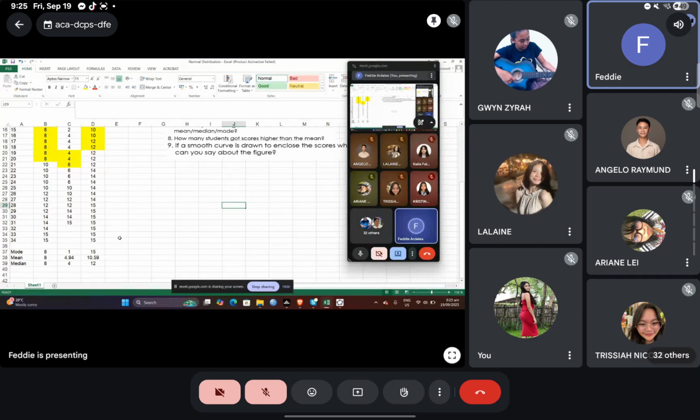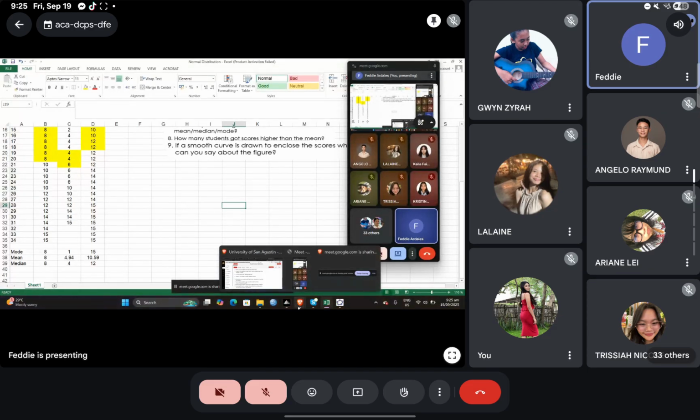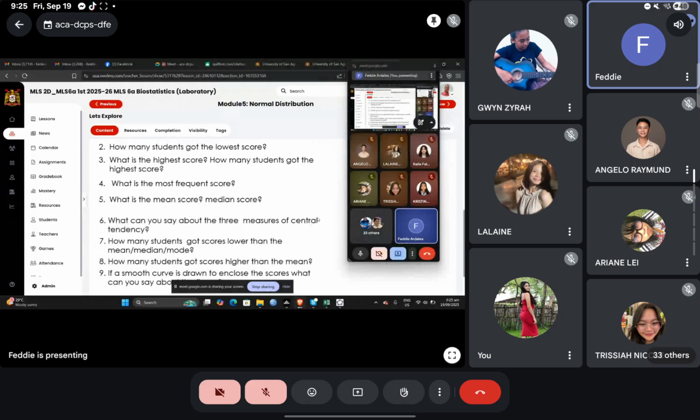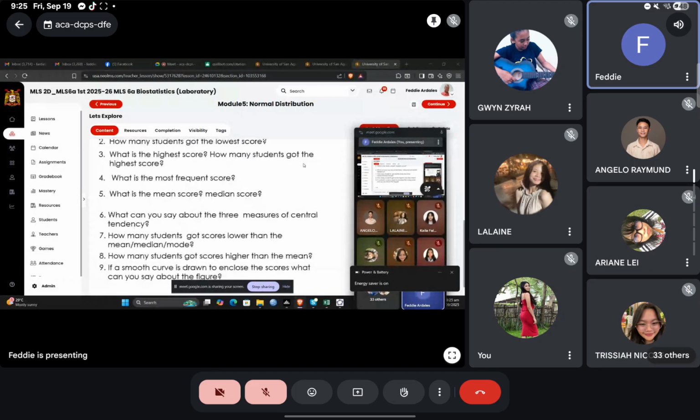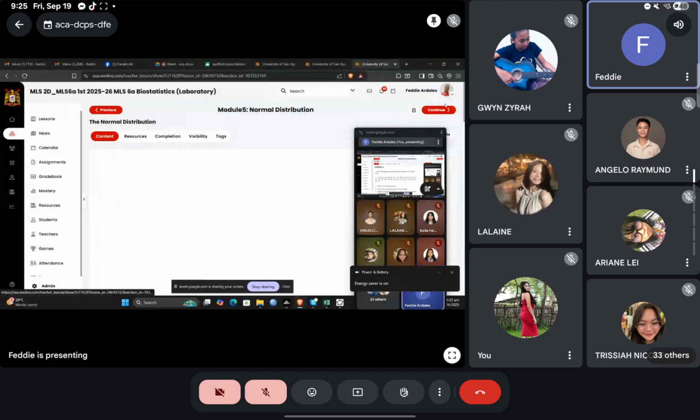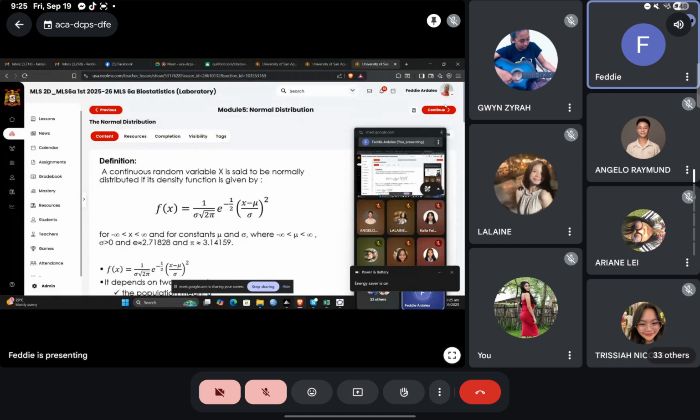Now, if we try to draw a curve, in group 1, since the mean, median, and mode are equal, we can describe how it looks later on. In the next module here, let's go back to the questions afterwards.